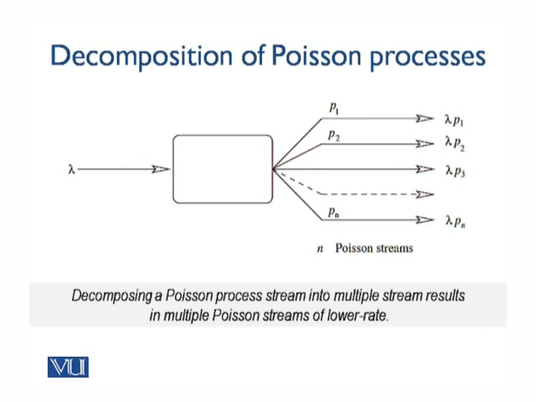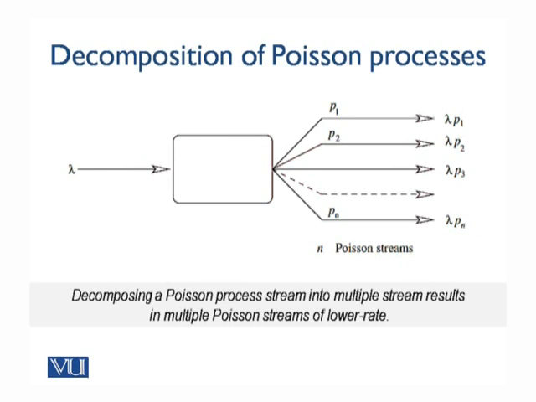And then it's just the reverse operation of what we've studied when we talked of superpositioning of Poisson processes. If you have a Poisson process of rate lambda and it is being decomposed, the decomposition is actually dictated by the probability of going to particular destinations. So if the probability of going to a certain queue is P1, then the rate of that decomposition is lambda P1.